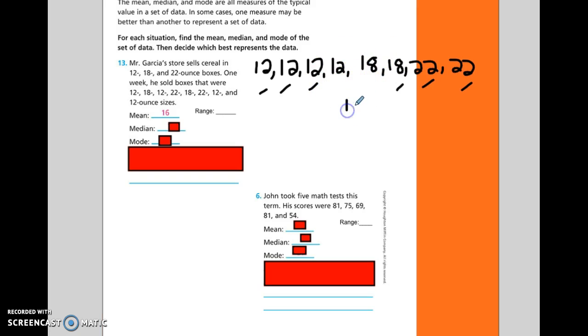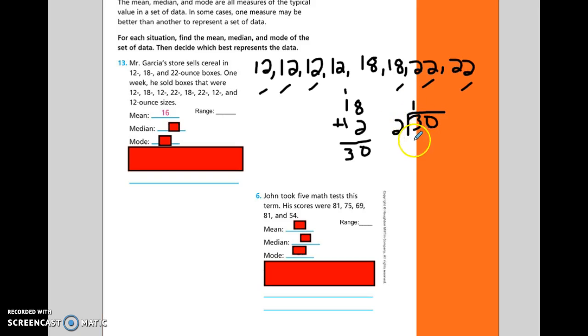So remember, I'm going to add them up. So 18 plus 12. 8 plus 2 is 10. 0, carry the 1. So I end up with a total of 30. But I'm not done yet, because remember, to find that mean, I have to divide by the number of numbers that there were. And in this case, there were 2. So I'm going to say 30 divided by 2. And 2 goes into 3 one time.